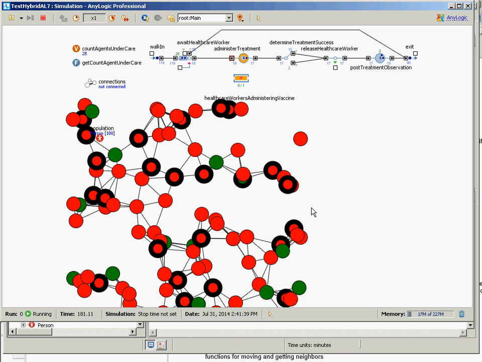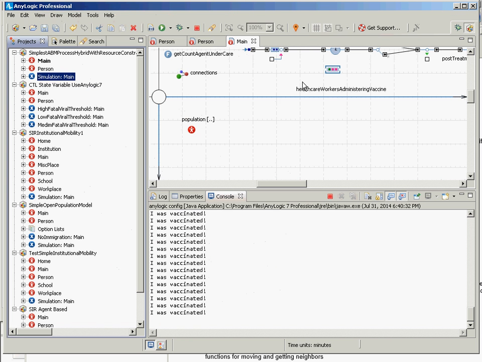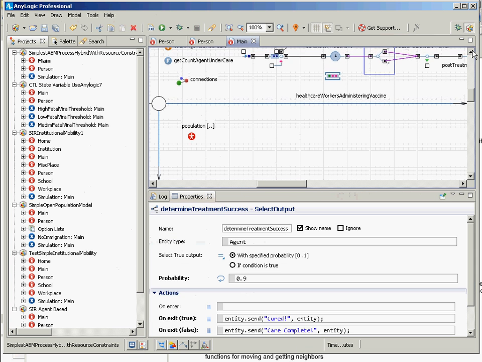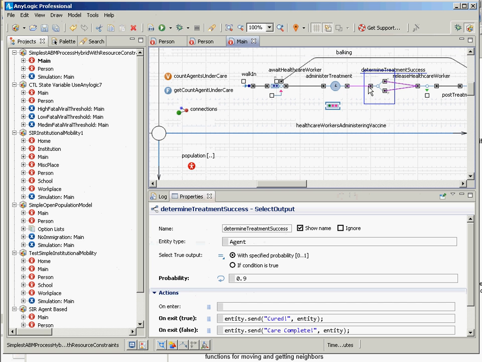And so a very important point here that I want to emphasize is that this treatment pathway is not merely downstream of the population. Specifically, you'll notice here, and I'll stop the model to show this, that at this point where treatment has been attempted, after that we basically say, okay, in this case with 90% probability someone is cured, otherwise they're simply viewed as having completed treatment.